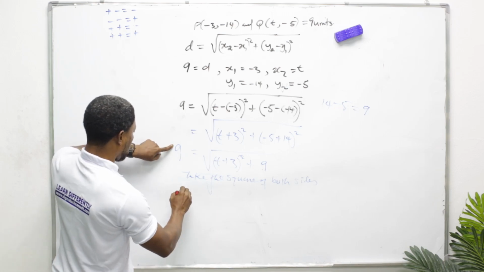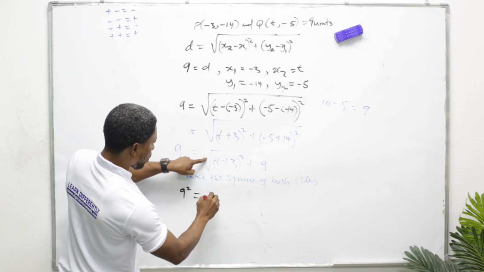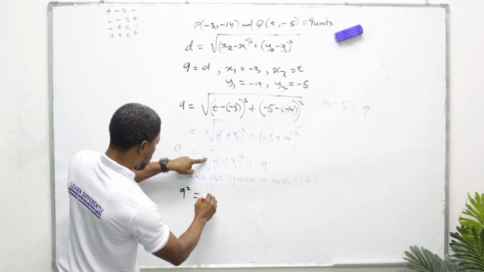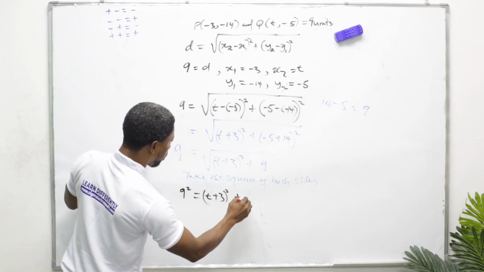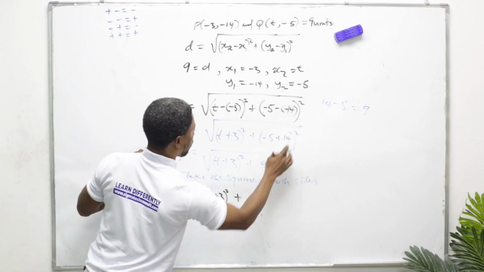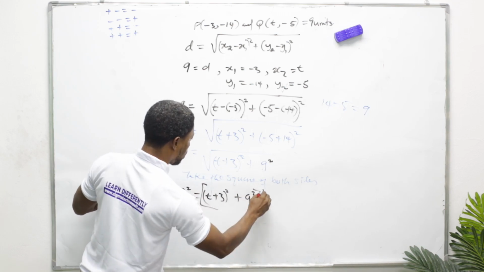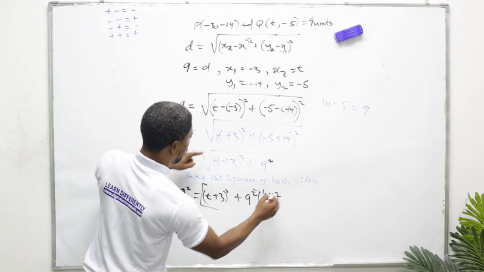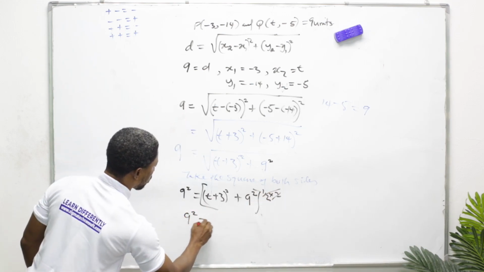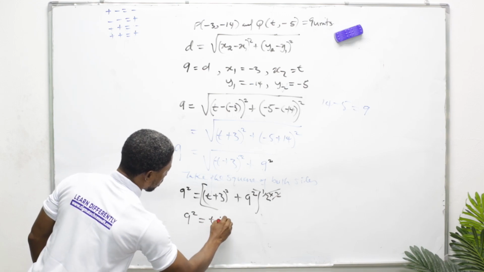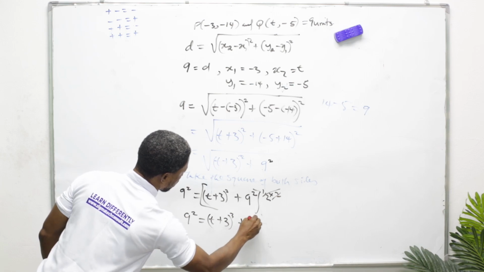This is 9 squared. It will remove this one because this is supposed to be T raised to power 2 plus, sorry, there was a square here from here. 9 squared. That is this square root multiplied by this square, so this one will cancel out. So you now have 9 squared is equal to T plus 3, open bracket, 3 plus 9 squared. This is what we now have.